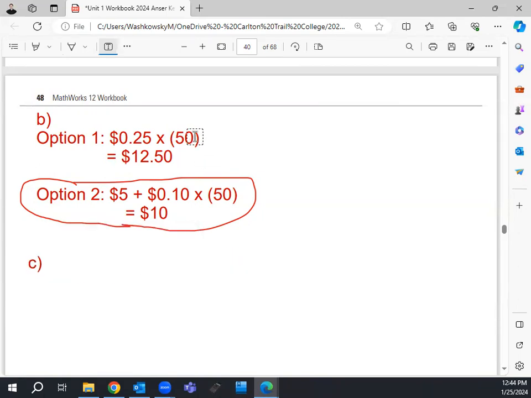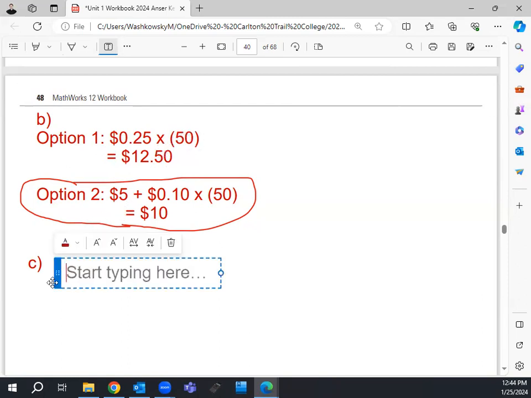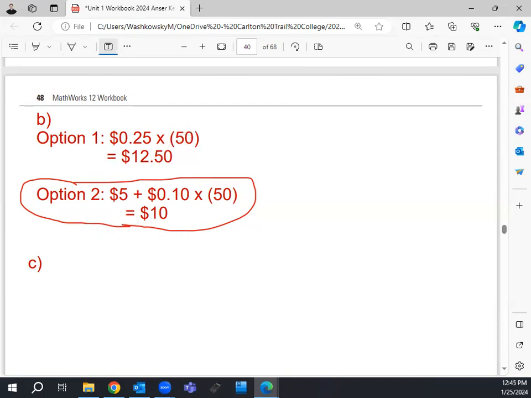So I could try and brute force this. Well, what if this is 40 minutes? What if this is 30? What if this is 20? But couldn't you just subtract option 2 from option 1 and then divide the remainder by the 0.25?